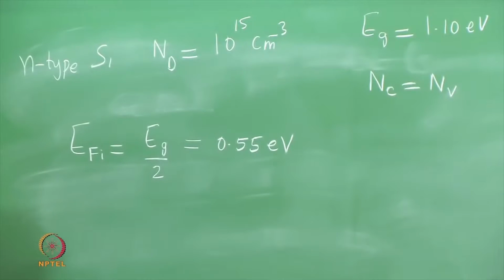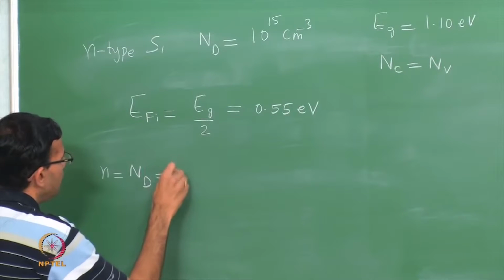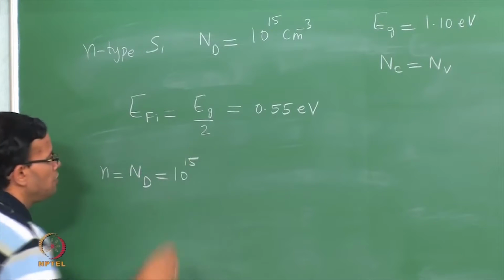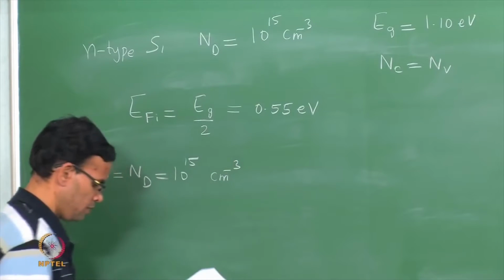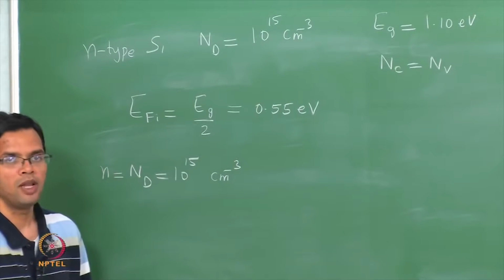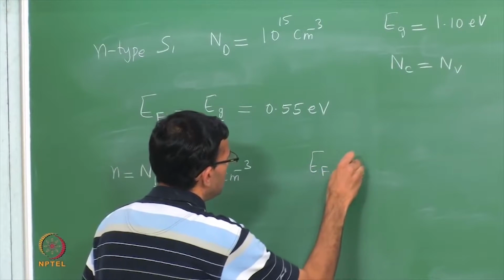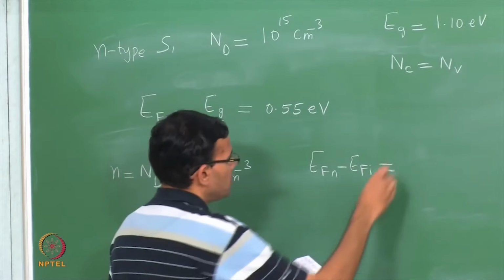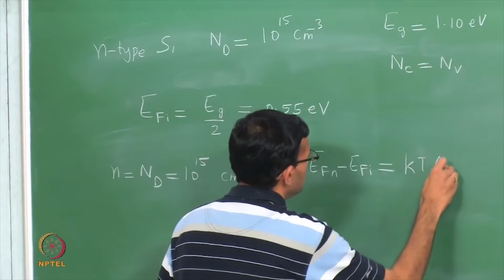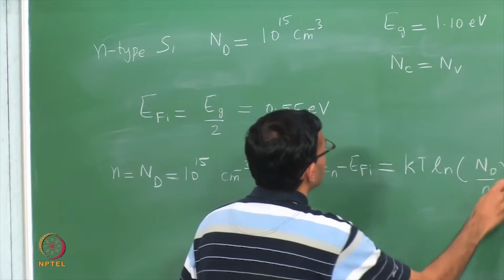Now, at room temperature all the donor atoms are ionized. So, n is equal to Nd equal to 10 to the 15 per centimeter cube. We will then use the formula that we just wrote down. So, EFN minus EFI is kT ln of Nd over Ni.